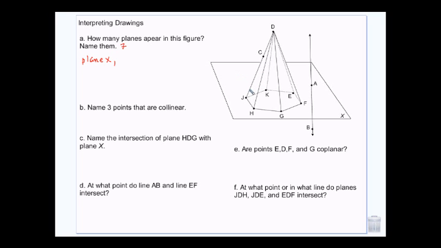So we're going to start with this one. I've got plane JHD, and I could call that HDJ, DJH, whatever, right? I just need those 3 letters. Doesn't matter what order they're in. And then I have J, K, and D. And then I have D and K and E. That's this part right here.